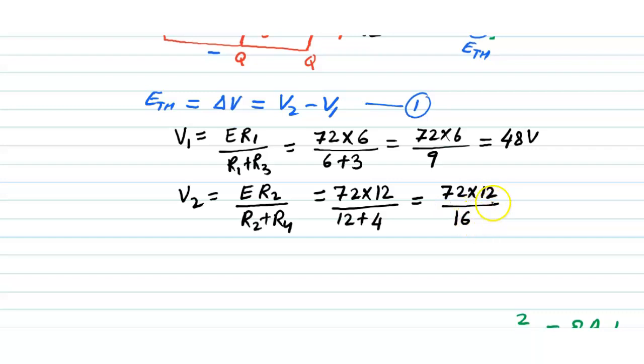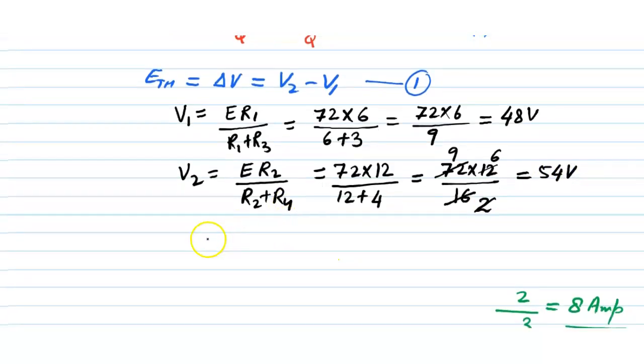This can be solved: 72 divided by 16 gives 4.5, times 12 is 54.